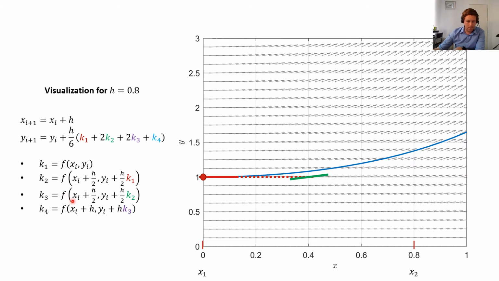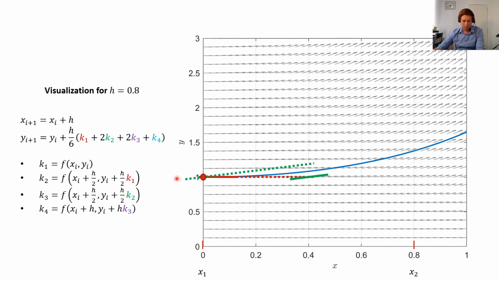So for k3, we evaluate at xi plus h over 2, so again at x is equal to 0.4, but at yi plus h over 2 times k2. So what we need to do in order to find k3 is draw a line from xi, yi with slope k2. That is, let's say, this dashed slope over here.